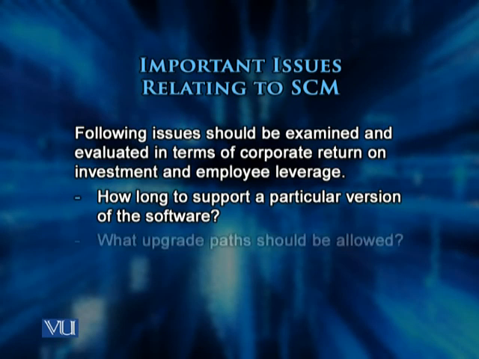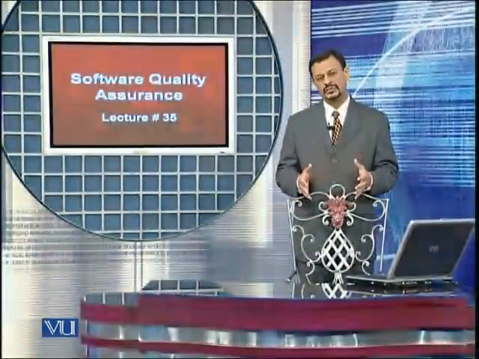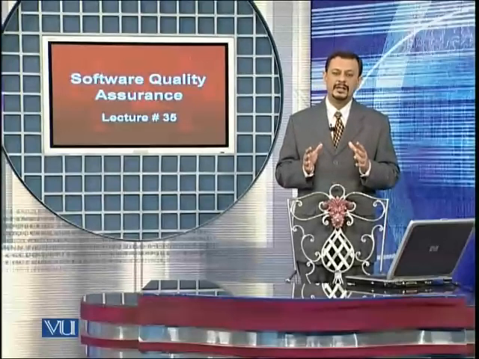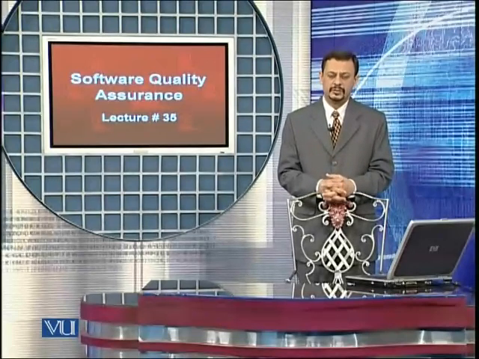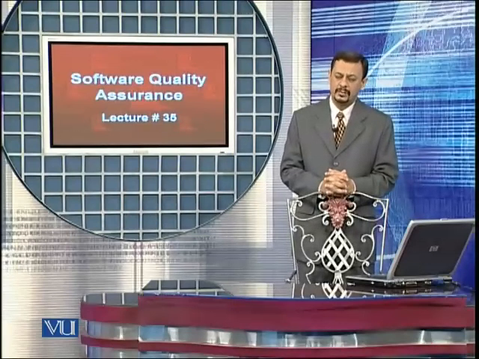Another issue is what upgrade paths should be allowed. And third is how many variations, not versions, of the product should be produced and supported. These issues and questions will help us in determining the scope and manageability of the software configuration process that we are implementing in our organization.